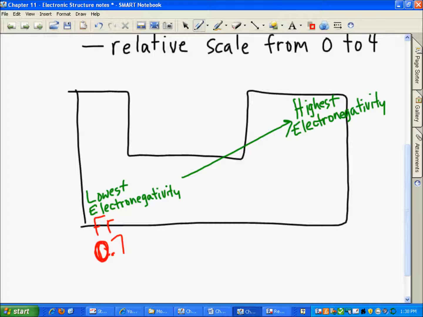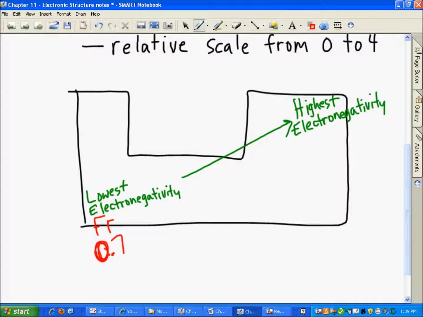Keep going to the right, because it's going to keep going up as you go to the right. It should be near the top right. Oxygen? Not oxygen. Look one to the right of oxygen.